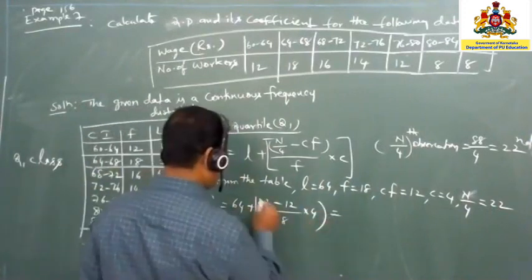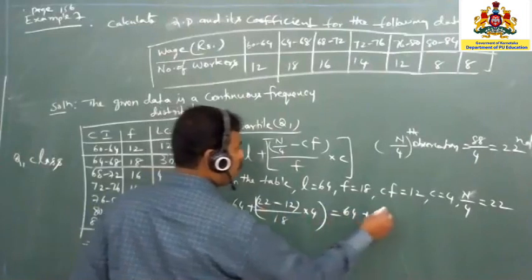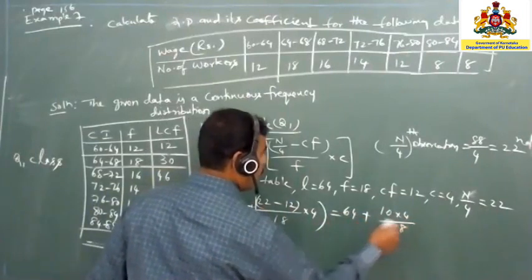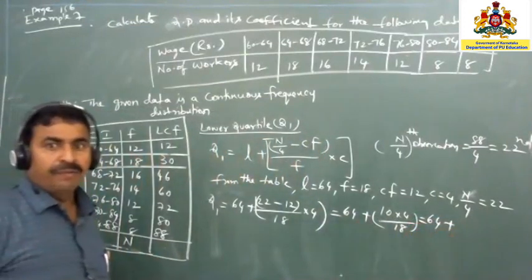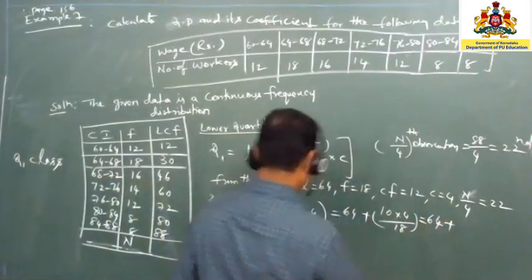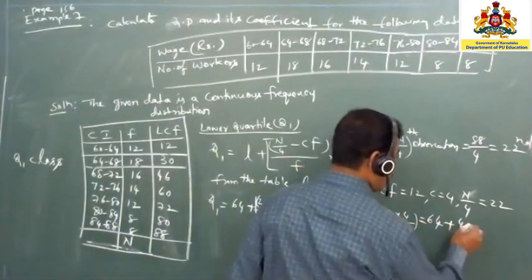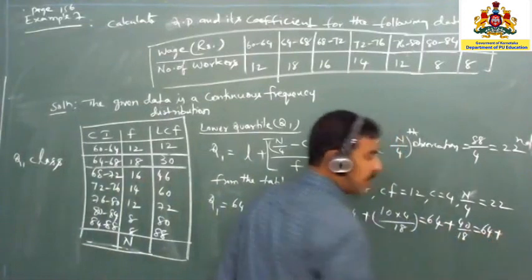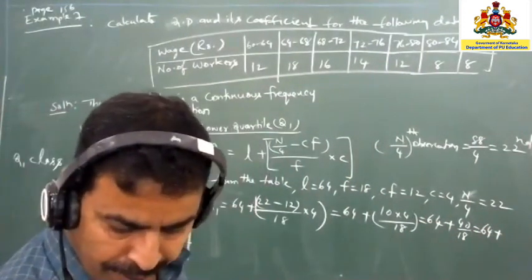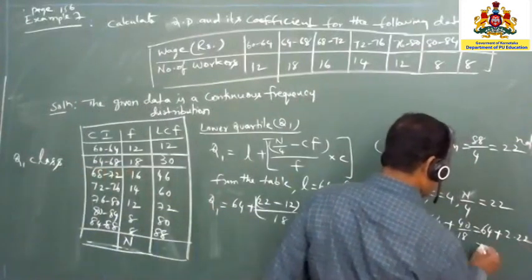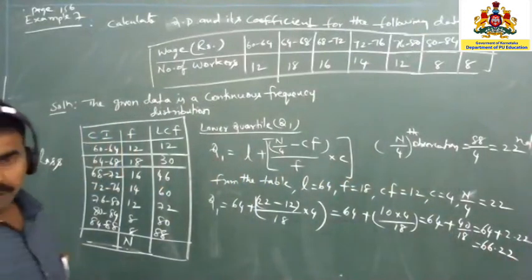Simplify: 64 plus 22 minus 12 is 10, 10 into 4 is 40 by 18. 40 by 18 is 2.22, so 64 plus 2.22 equals 66.22. Q1 value is 66.22.